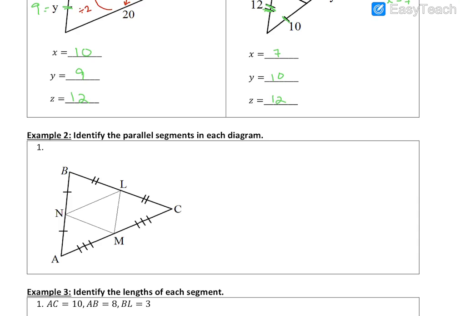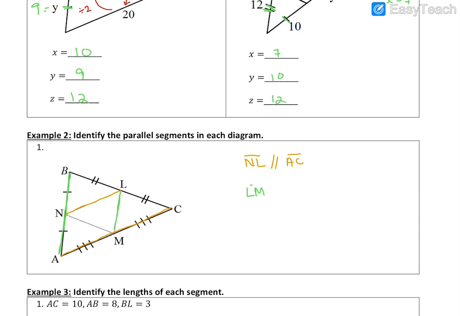Identify the parallel segments in each diagram. So, starting with this segment here is parallel to this segment here. They're going to appear to be parallel if it is drawn to accuracy, so then we're just going to write this. Segment NL is going to be parallel to segment AC. All right, I'll change colors on us now. So LM, this segment here, is parallel to this segment over here.